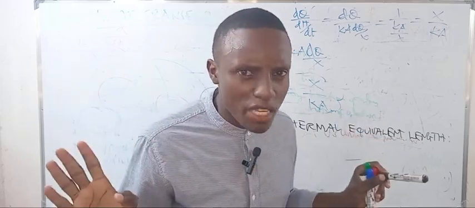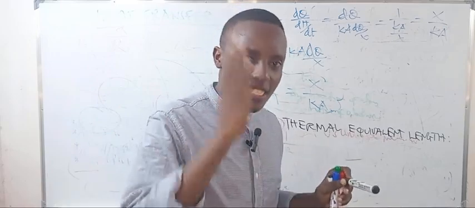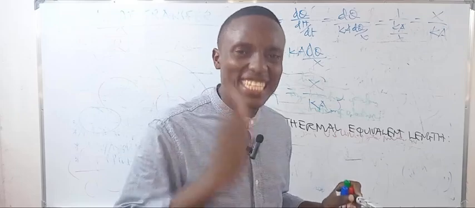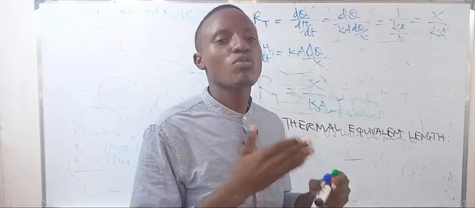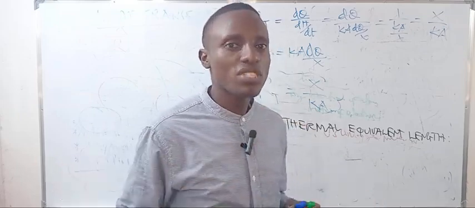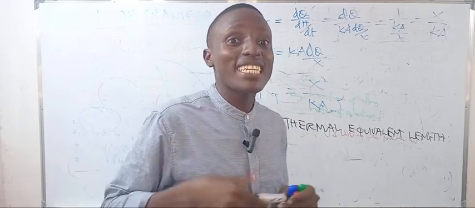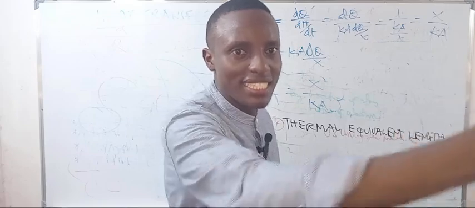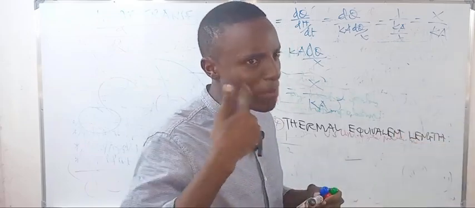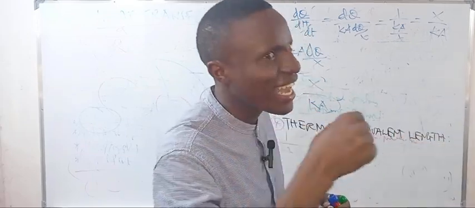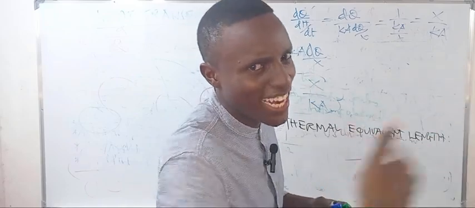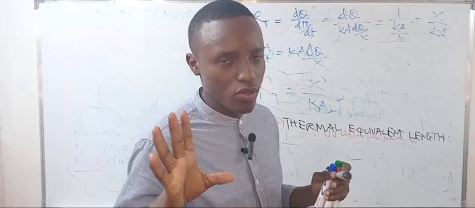The actual lengths can't be equal, but the thermal equivalent lengths are. That's why we say equivalent, because this material conducts heat at the same rate as that one. Thermally they have equal lengths, but not in actual.